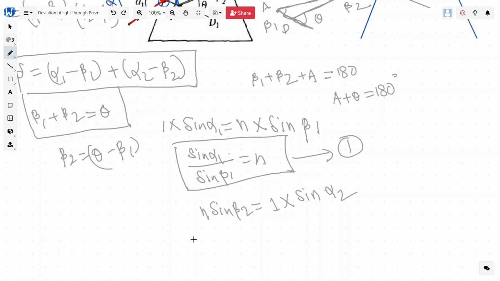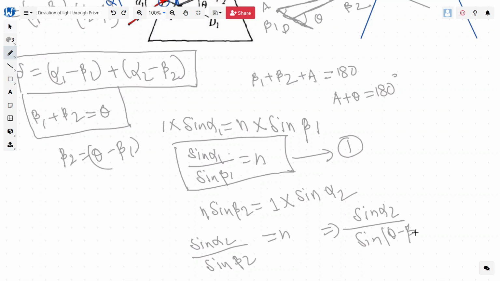Okay, so substitute that, basically you get sine of alpha 2 divided by sine of beta 2 is equal to n, or we can say sine of alpha 2 divided by sine of theta minus beta 1 is also equal to n. Okay, so we are trying to write the equation where everything is equal to n. This is our equation number 2.